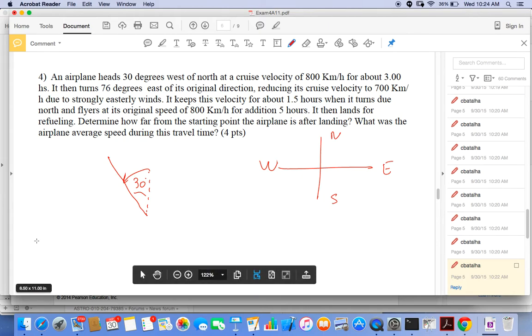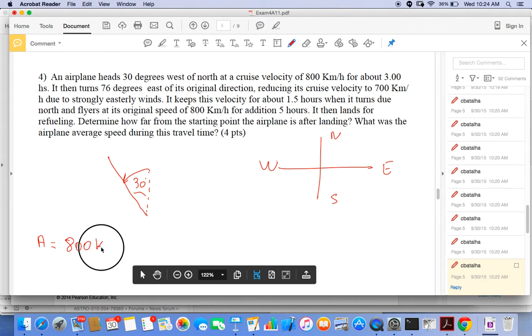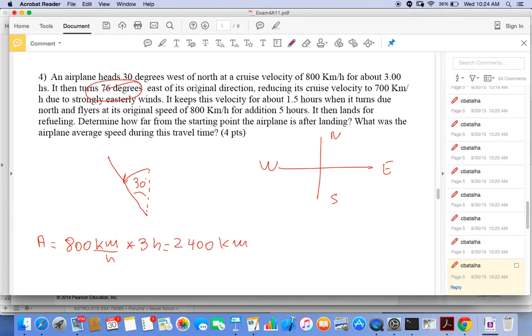So in segment 1, you have a vector A that is equal to 800 kilometers per hour times whatever time it took traveling that much. So you have the length of that vector, and then it turns 76 degrees east of its original direction.